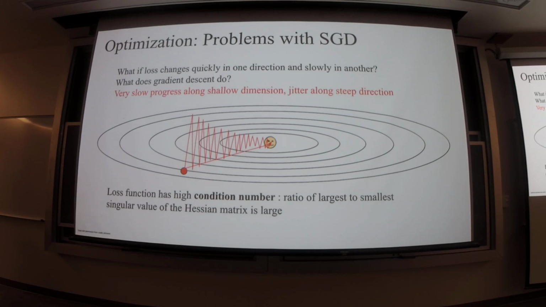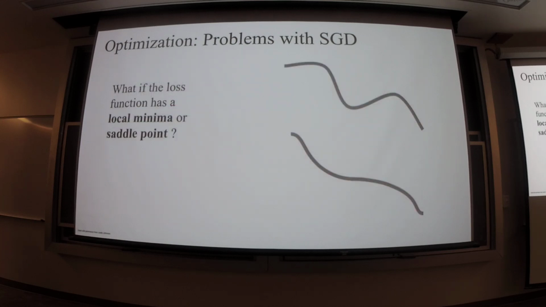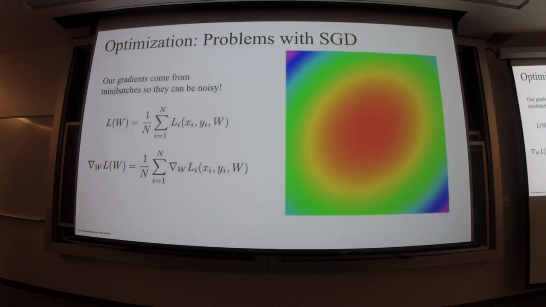So there's a way to deal with this and other minor issues with stochastic gradient descent. You could also get stuck in certain small local minima.